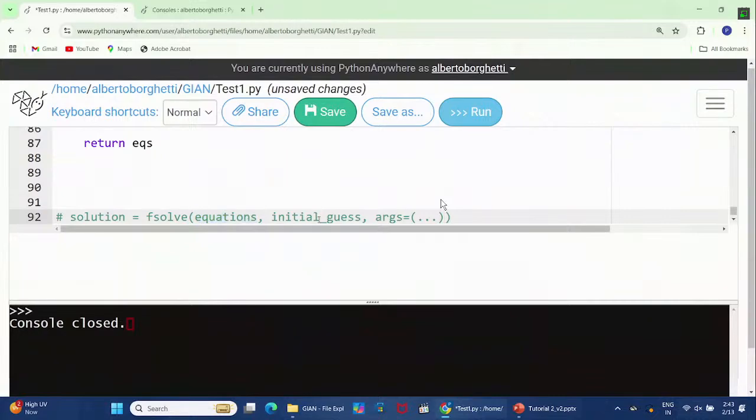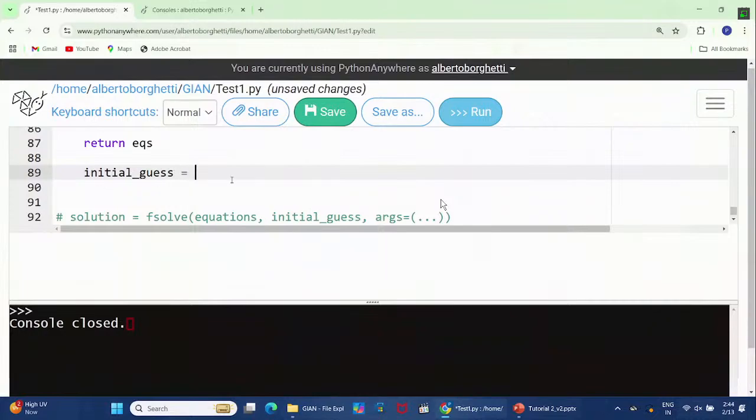We need also to give this fsolve a first tentative solution, and we can use the usual way, to put as an initial tentative solution the first values that we have, so 1 and 0, modulus 1 and angle 0, for both bus 1 and bus 2. So we need to define this, I call it initial guess, but it can be any name you wish.